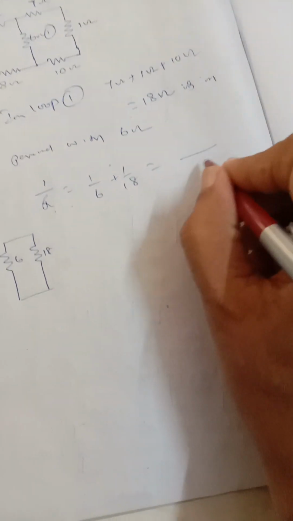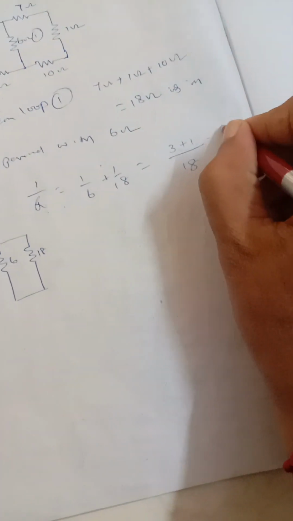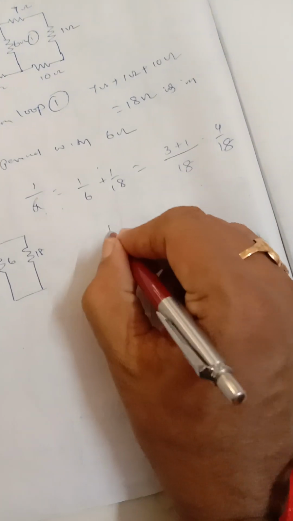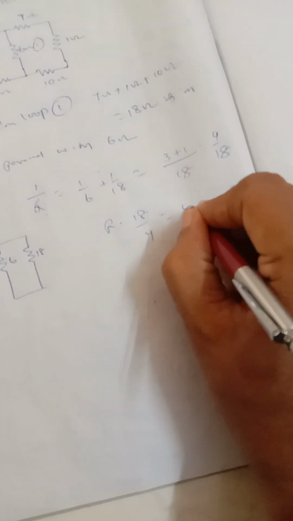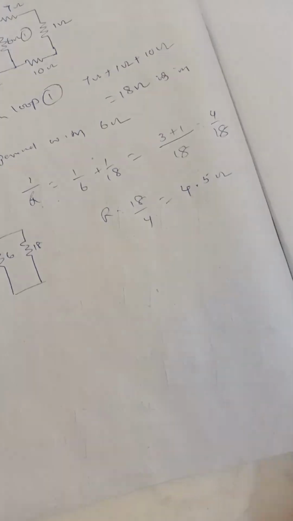Now the LCM of 18 and 6: 6 threes are 18, so 3 plus 1 is 4 by 18. This is the 1 by R value. Therefore, R is equal to 18 by 4. That means 4.5 ohms is the loop 1 resultant.